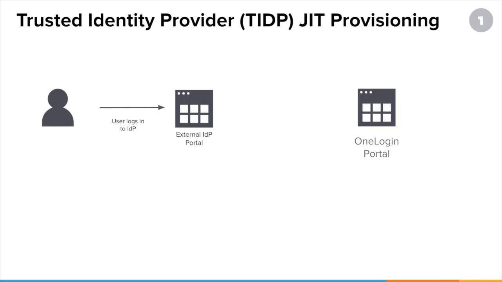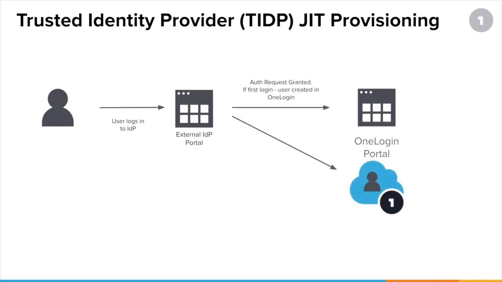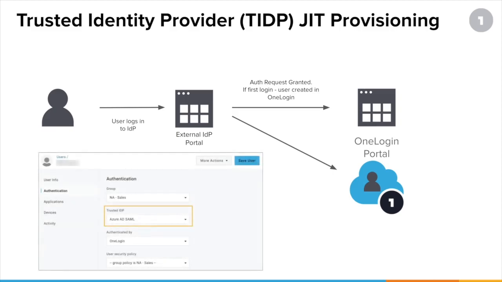When they click on that tile, they'll get automatically logged into OneLogin. And if it's the first time that they are clicking on the tile, they will automatically be created in OneLogin as well. That's that just-in-time provisioning piece kicking in. Then when you go look at the user record within OneLogin, you'll see a Trusted IDP attribute on their Authentication tab, and you can see whatever Trusted IDP they happen to be utilizing, in this case, Azure AD.